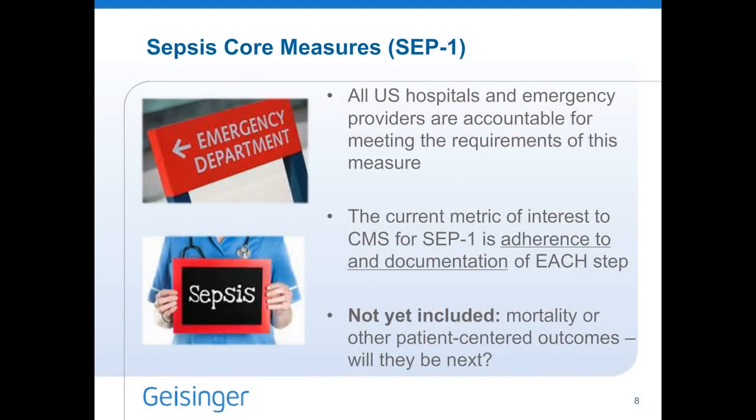So back to the SEP1 core measures. All U.S. hospitals and emergency providers are accountable for meeting the requirements of this measure. And the requirement is actually adherence and documentation of each step that is provided in the SEP1 measure. Now, measures that are not yet included include mortality and other clinical outcomes, but there is no guarantee that these will not be added on as they become more documented in the literature.